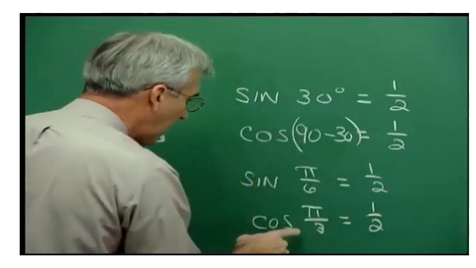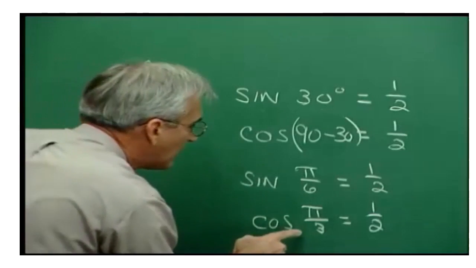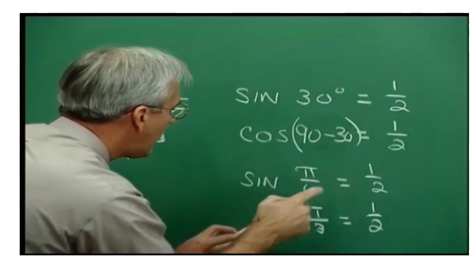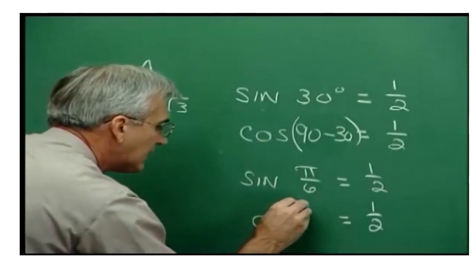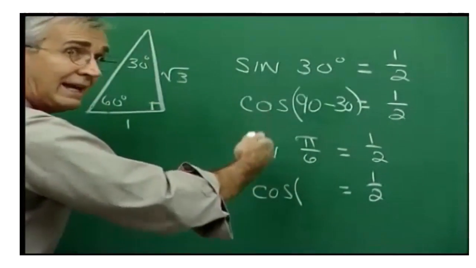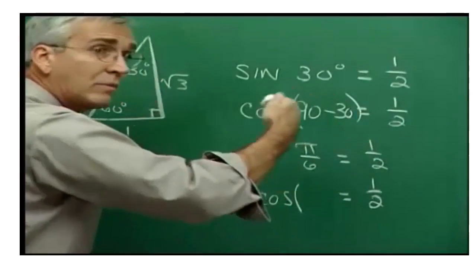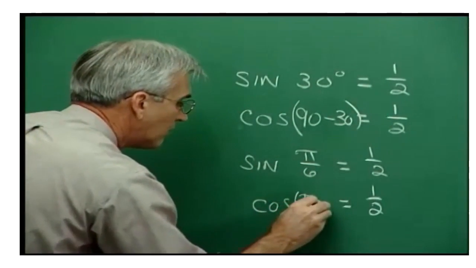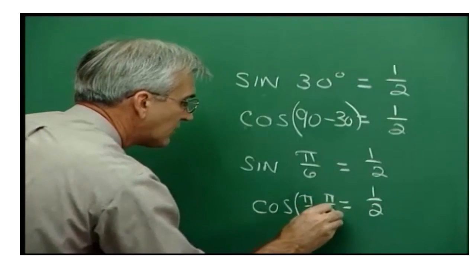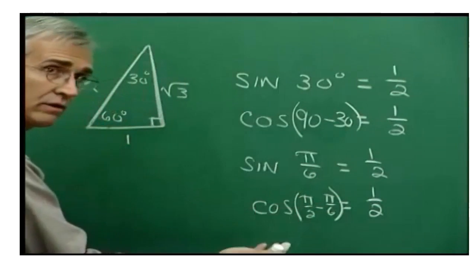And if I want the complement of pi over 6 to be pi over 3, here's how I find it: it is 90 degrees minus the given angle, or pi over 2 minus the given angle. So this is pi over 2 minus pi over 6, to give the pi over 3 result.